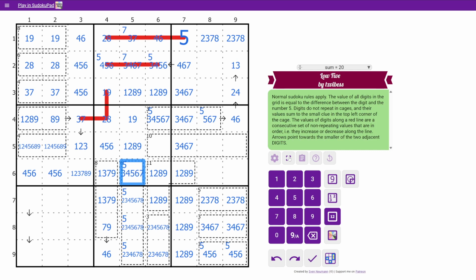So this is not, this is not. This is going to be 3, 4, 5, 6, 7 then.